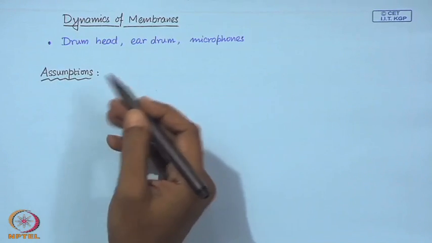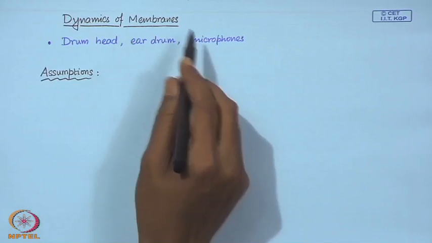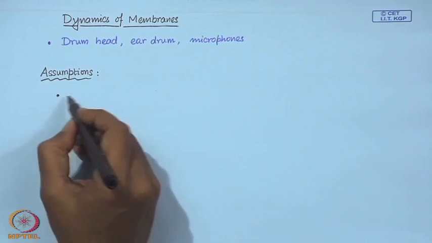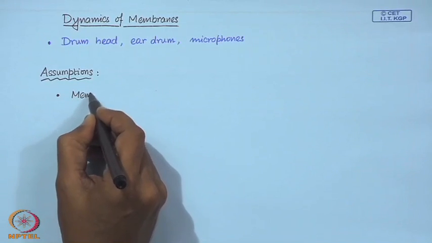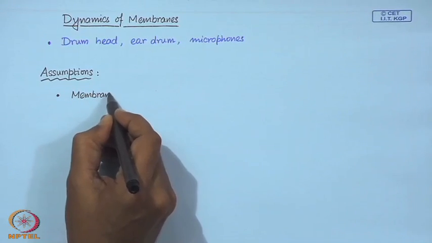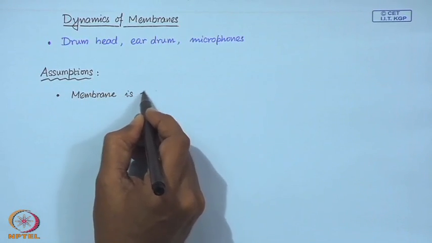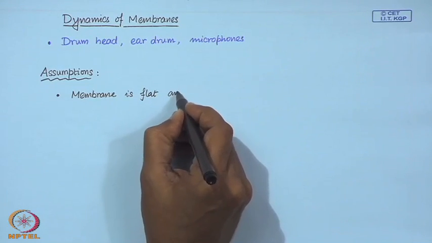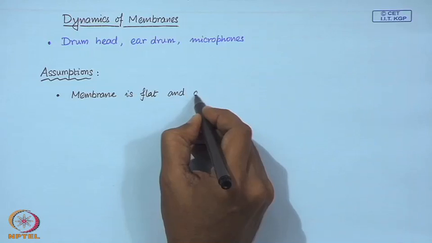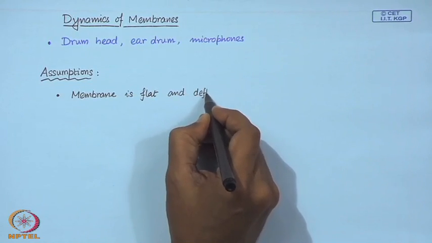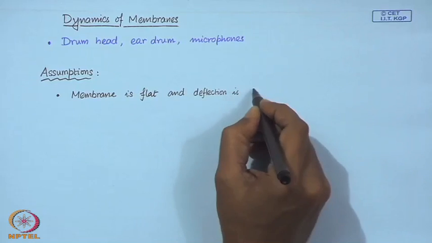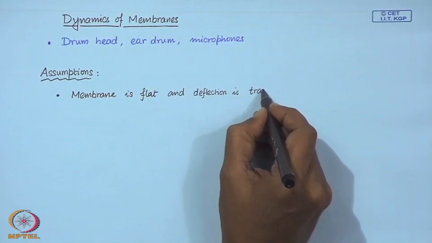Now, in order to model membranes, we will assume that the membrane is flat, and the deflection is purely transverse.